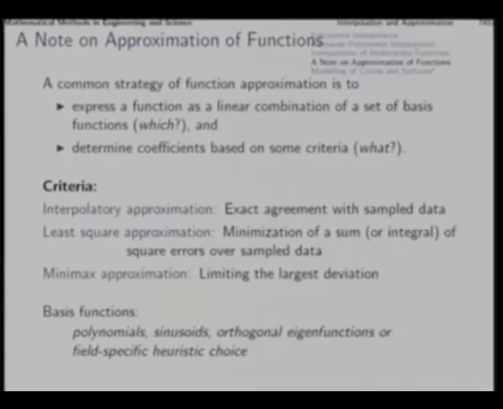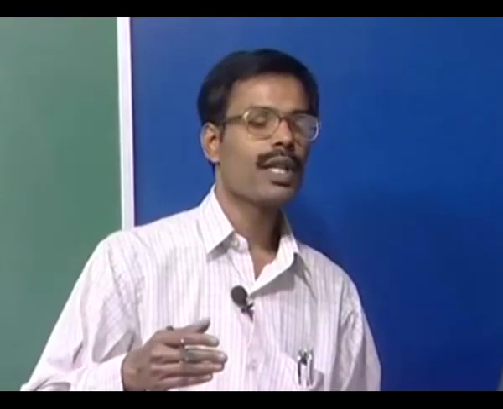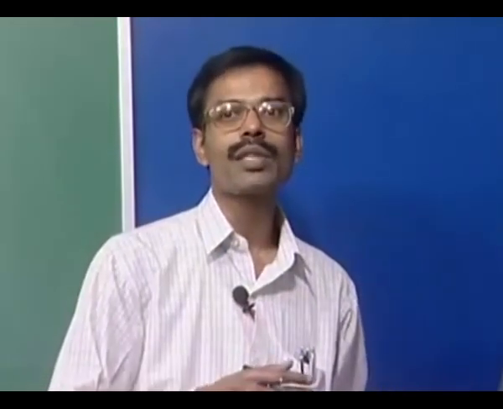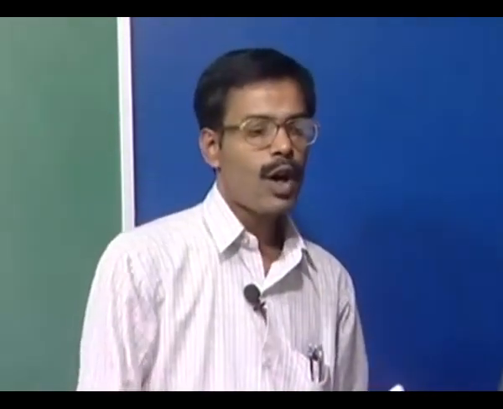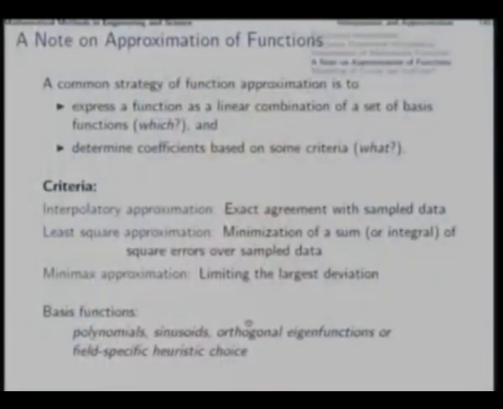Sinusoids, sines and cosines, are another set of popular basis functions which give us Fourier series. Orthogonal eigenfunctions, which will be encountered here, are another fertile area of choices of basis functions.